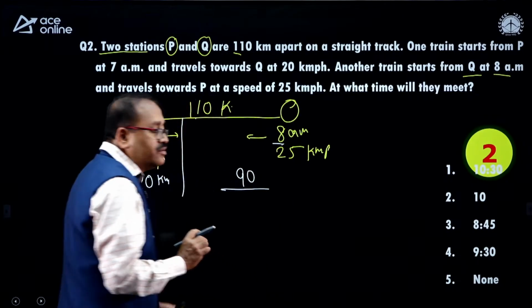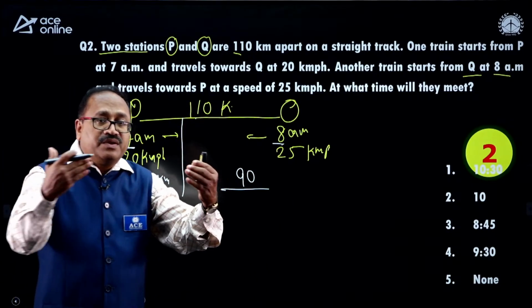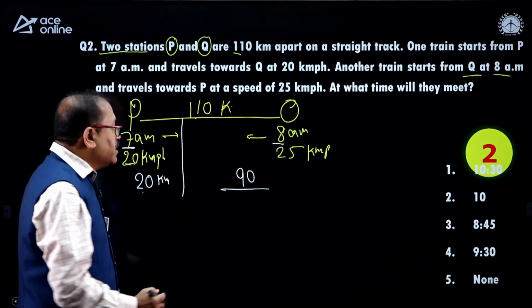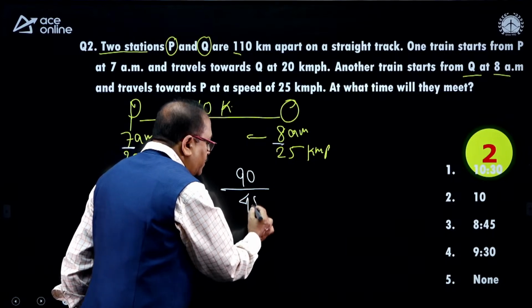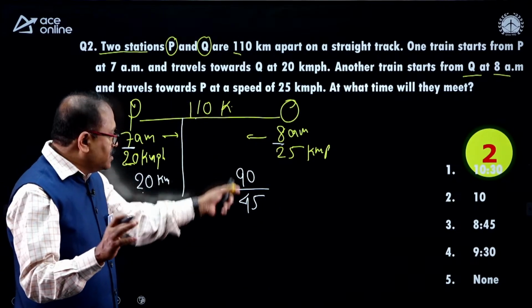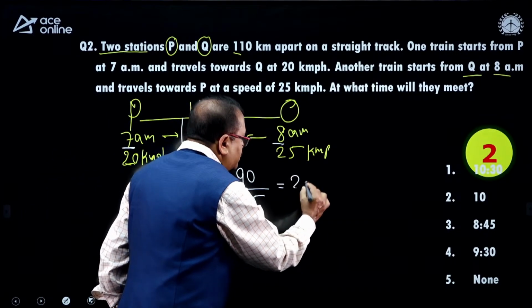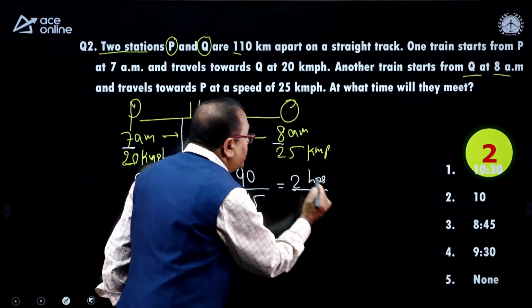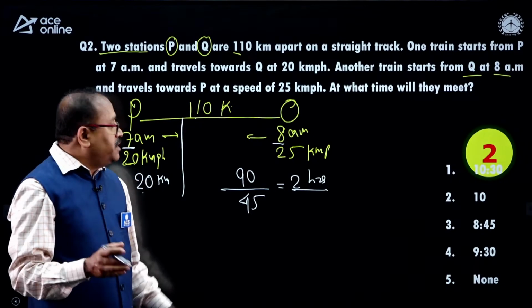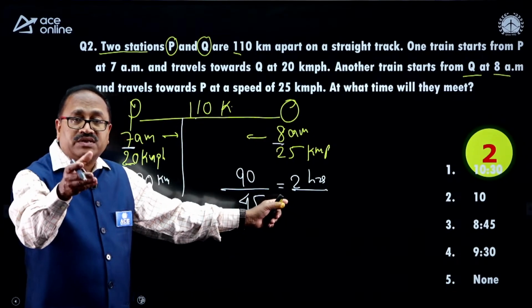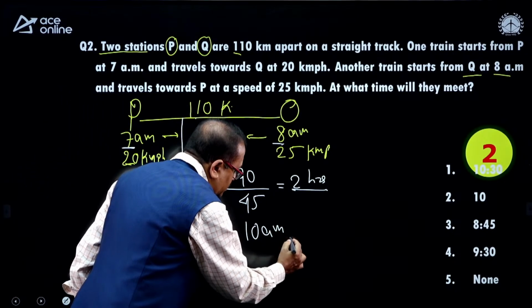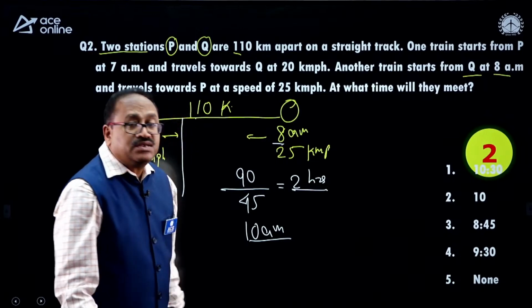And this 90 will be covered with the relative speed, and when both are in opposite directions, it is 20 plus 25, that comes to speed 45, and the distance to be covered is 90. How much time will it take? Clearly visible here, it takes 2 hours from when? From 8 a.m. So at what time will they meet? 8 a.m. plus 2 hours, that comes to 10 a.m. That's how your answer is 10 a.m. Option choice 2.